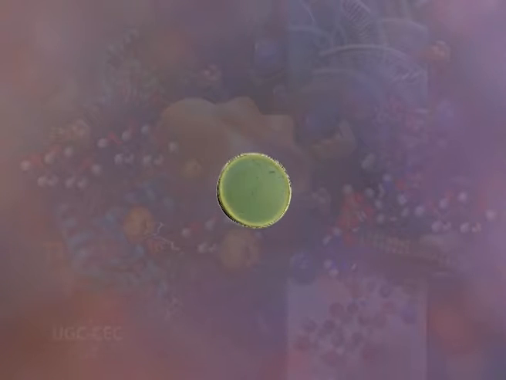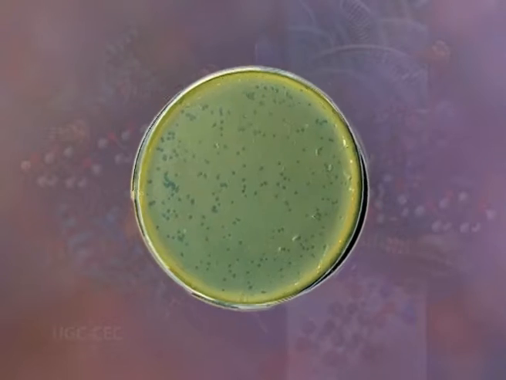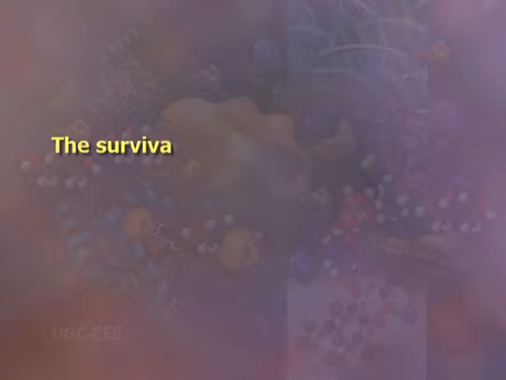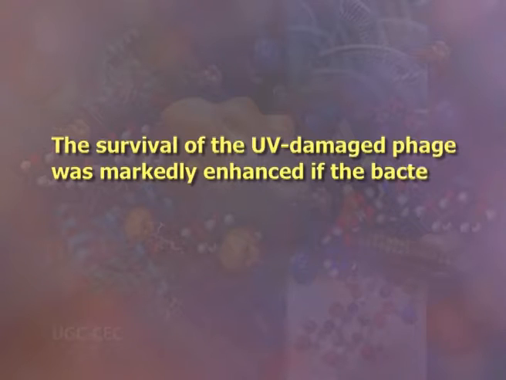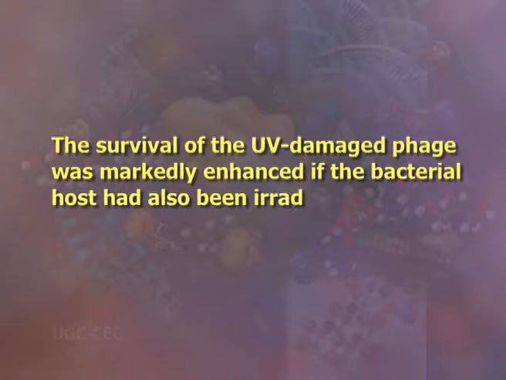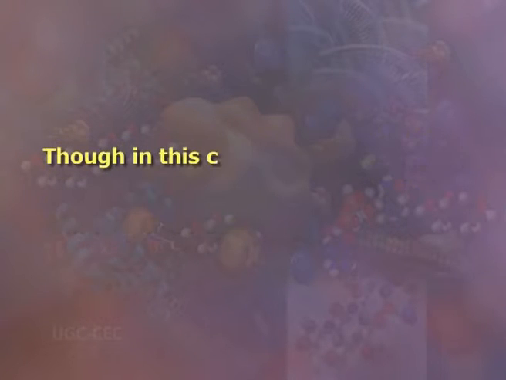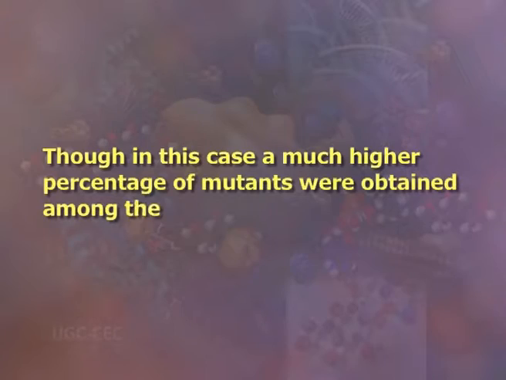The SOS system was discovered through experiments which analyzed the survival of UV-irradiated bacteriophage lambda plated on E. coli. The survival of the UV-damaged phage was markedly enhanced if the bacterial host had also been irradiated with a low UV dose, though in this case a much higher percentage of mutants were obtained among the surviving phages.